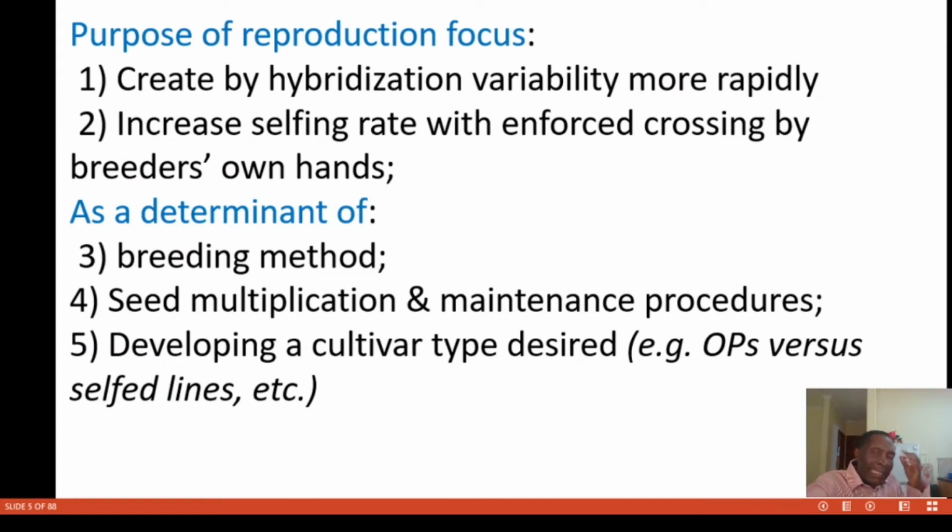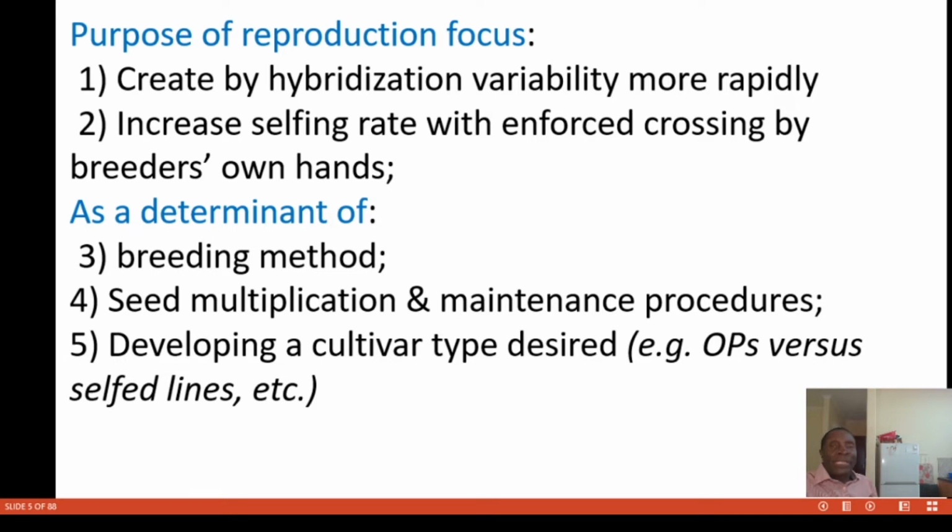Now, I need to emphasize the primary purpose of focusing on the reproduction of plants. One is to create variability by hybridization more rapidly. We have other ways of creating variability. We can irradiate materials to create new variability.